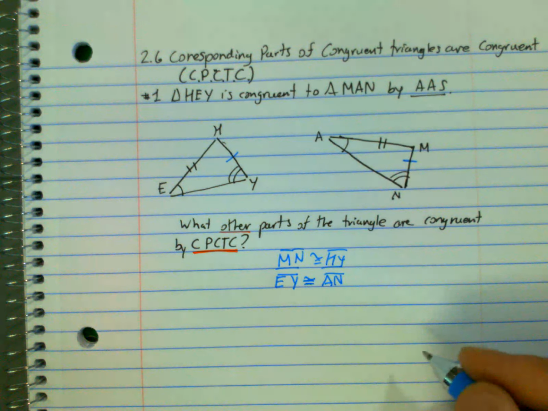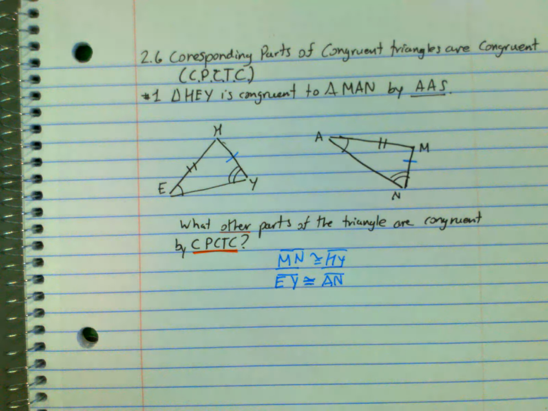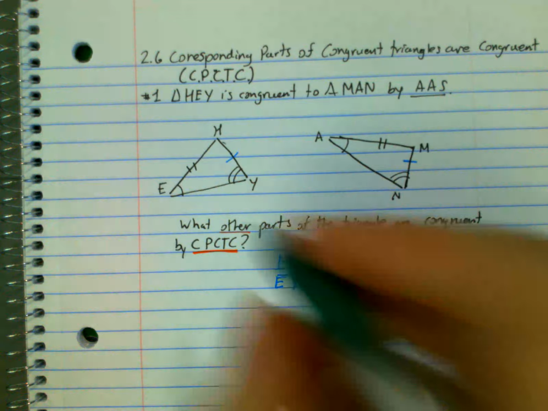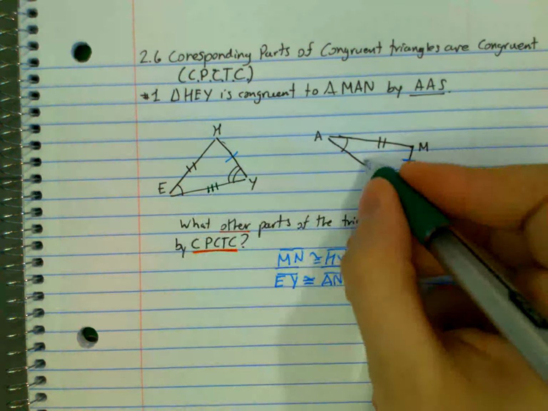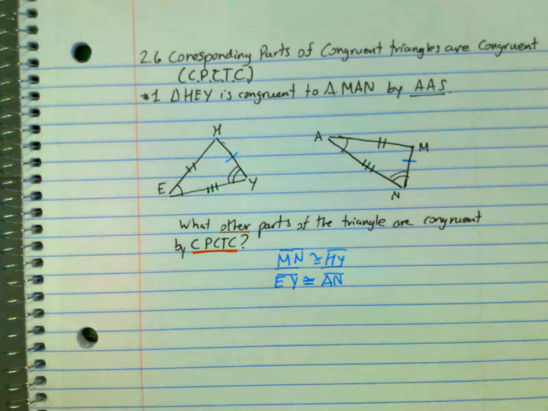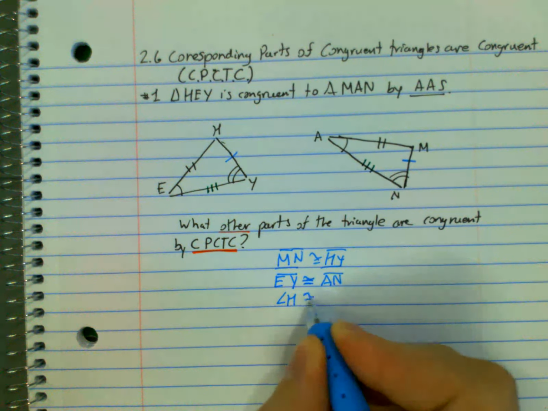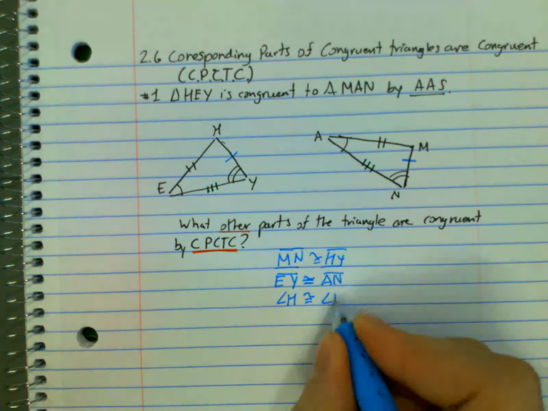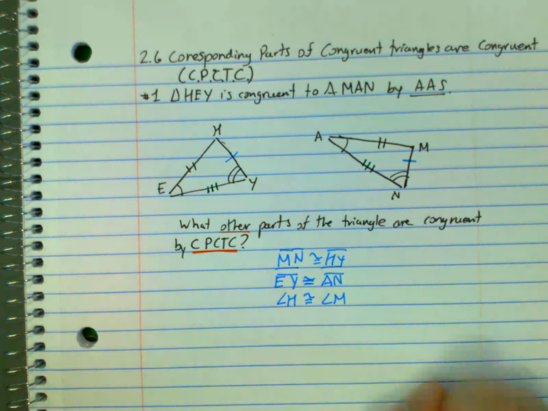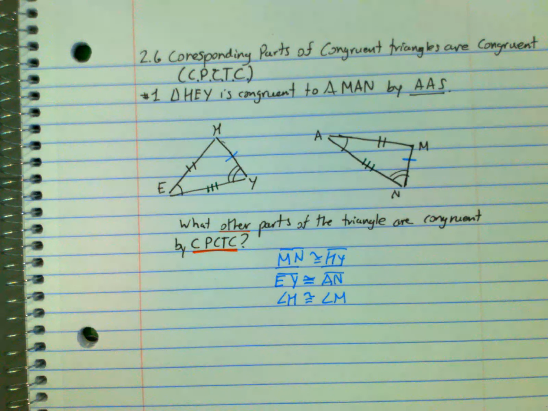Okay? And finally, we can then also say that angle H is congruent to angle M. All right?